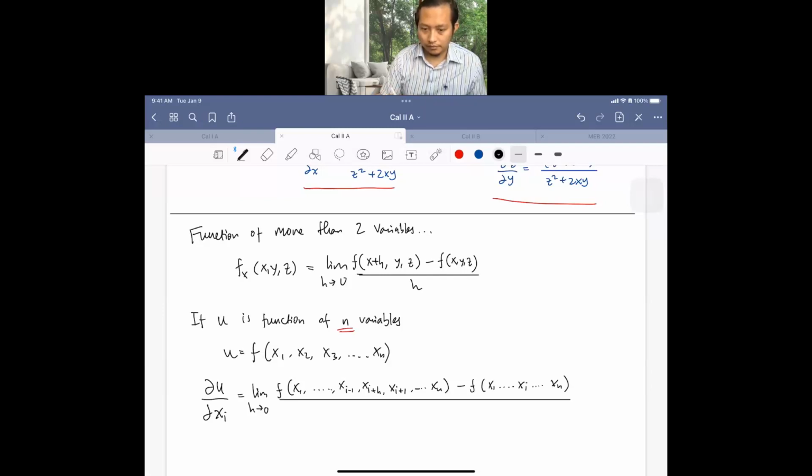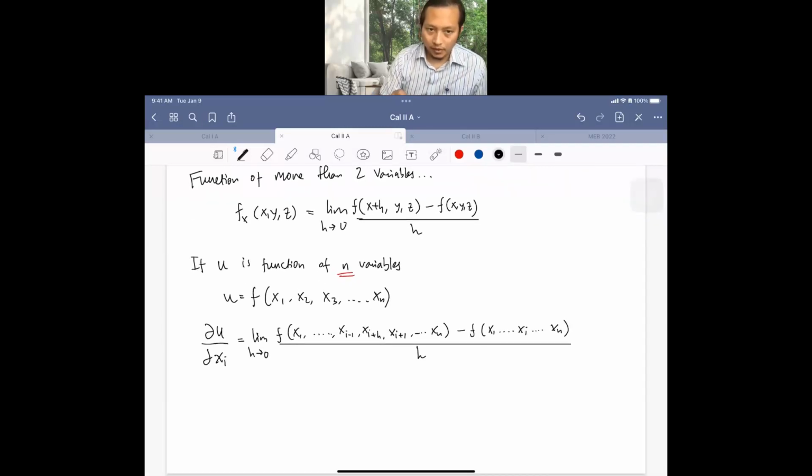Okay. And we can write the notation as partial x i, or simply di.